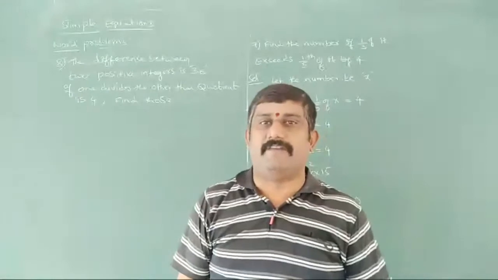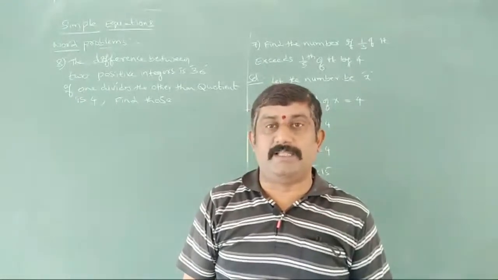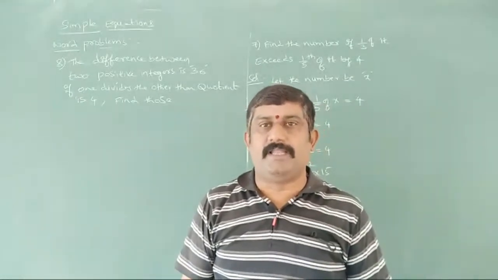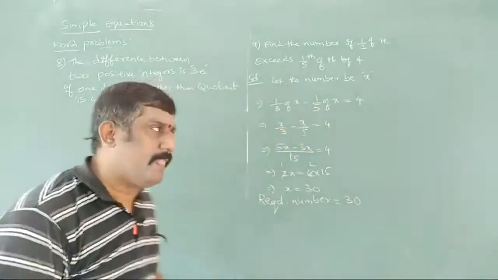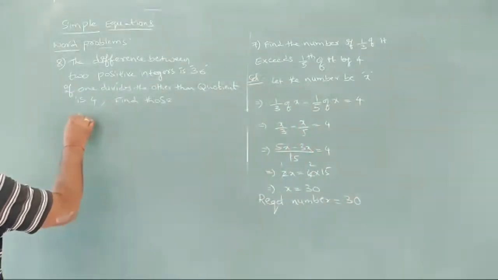Now, if one divides the other, then the quotient is 4. Then we have to find those numbers. Again, a simple problem.